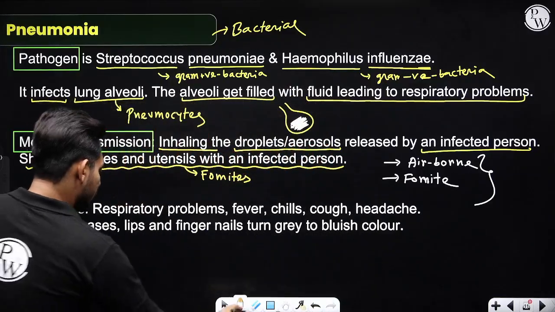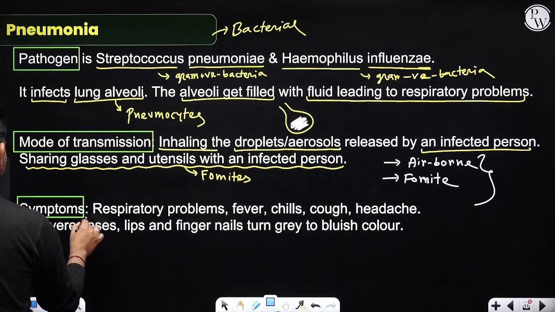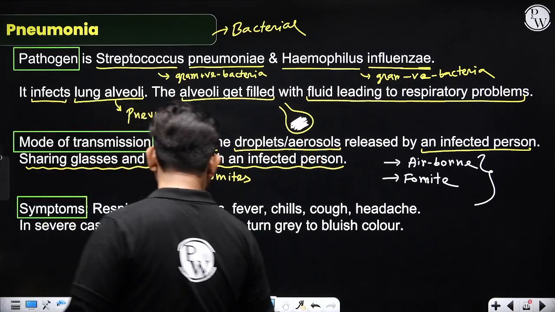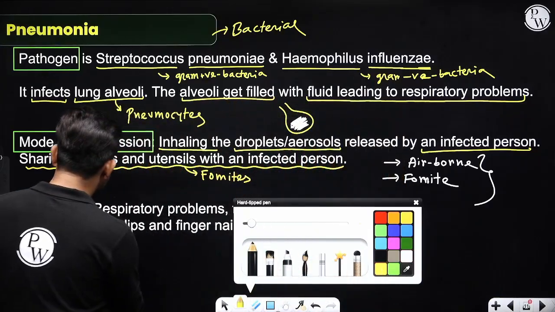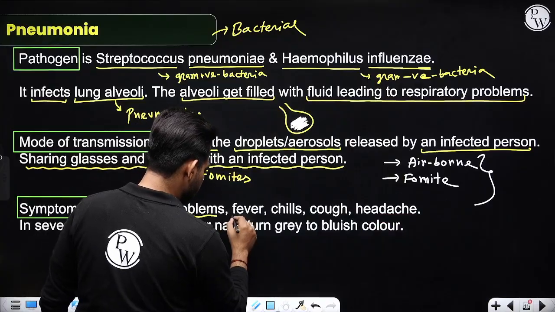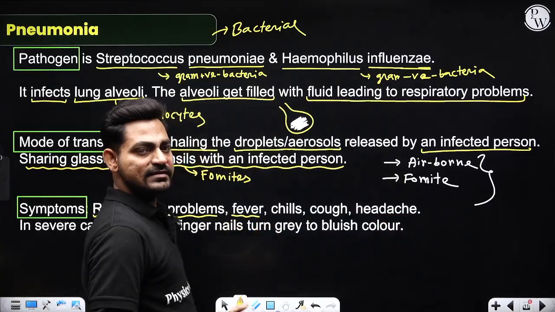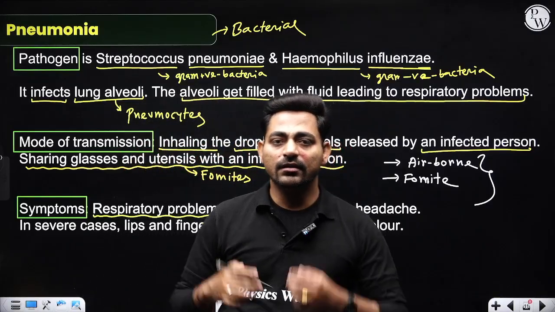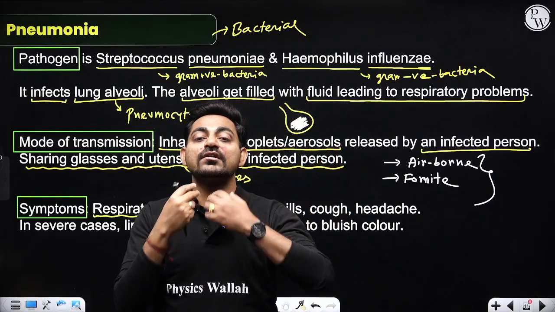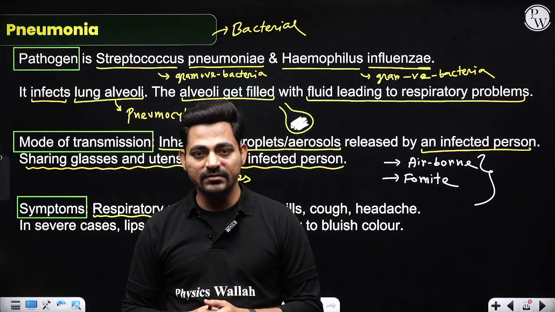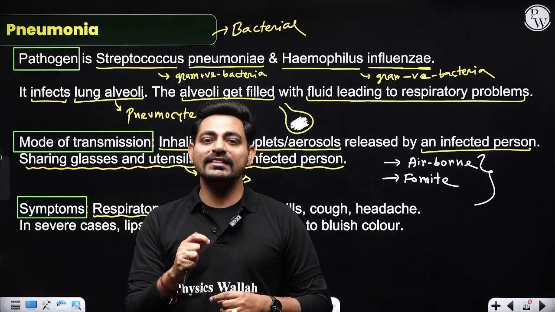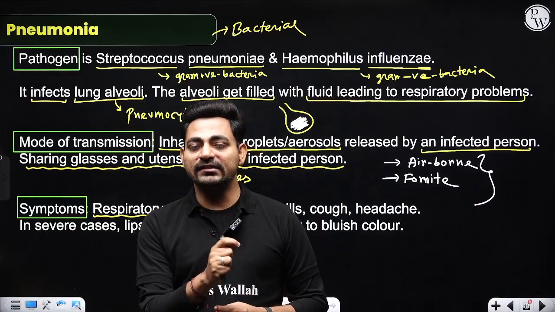Now, what are the symptoms when your alveoli are choked? Obviously there will be respiratory problems and fever. Whenever there is infection in our body, it gives a response against that, and our hypothalamus will increase the body temperature in order to kill those pathogenic bacteria, right?